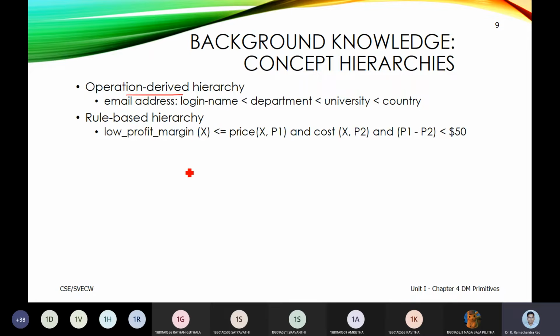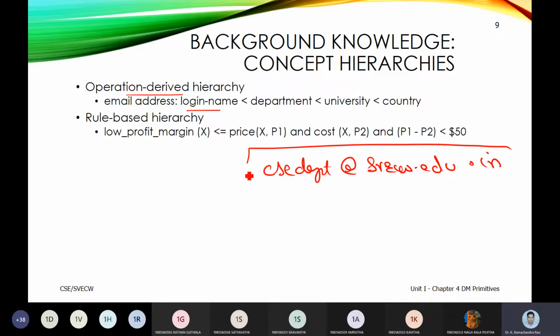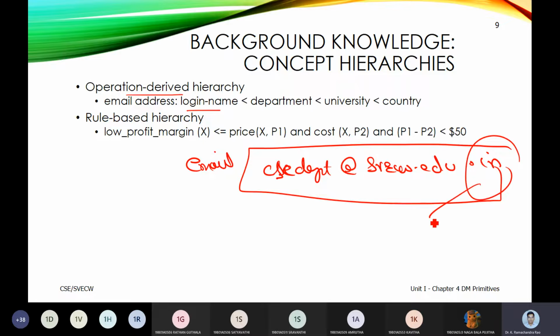In this operation derived hierarchy, we mention CSC DEPT at the rate of svecw.edu.in. So assume this was my email, the CSC department at svcw.edu.in.